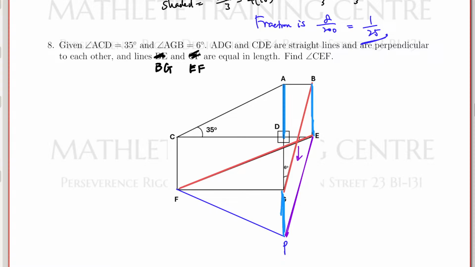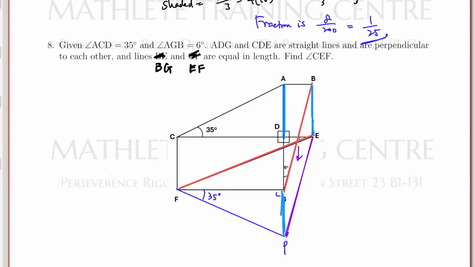And what that means on this diagram is actually we know something else. We know that the angle here at the bottom must also be an angle of 35 degrees, right? Because it is the same shape as the one on top, right? So the one on top here and the one at the bottom here, they are actually the same shape. Then what else do we know? We know something about this angle of 6 degrees, right?